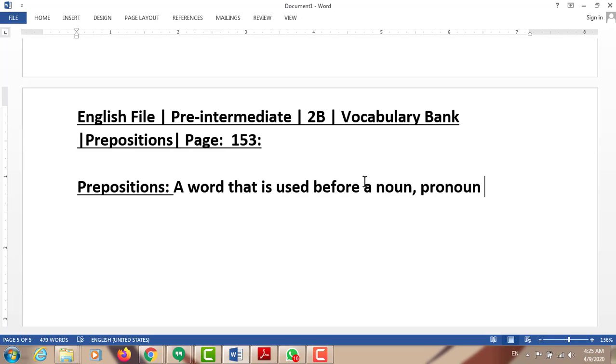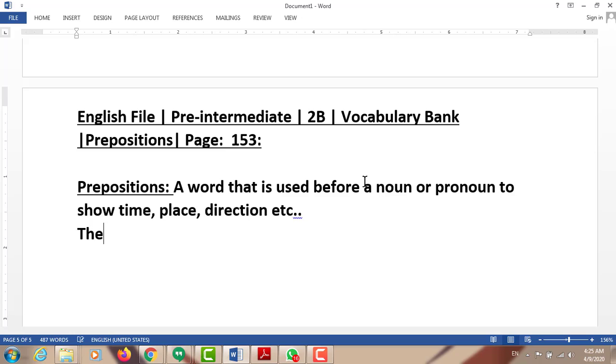We will go basic, guys. We will not talk about gerund, because it also says gerund. To show what? To show time, place, direction, and etc. Let me give you an example.